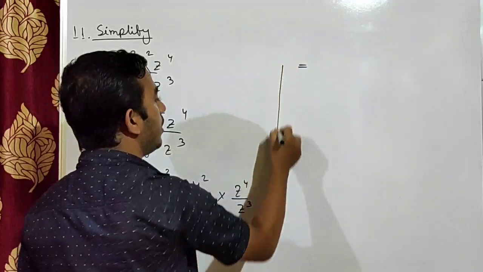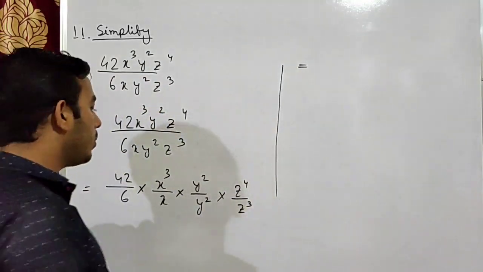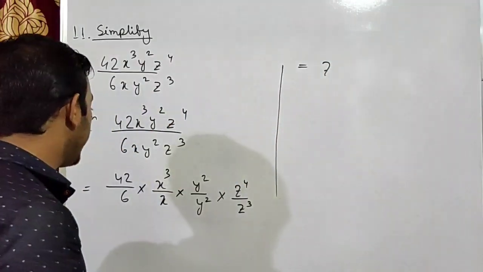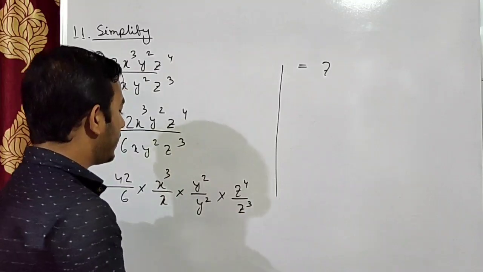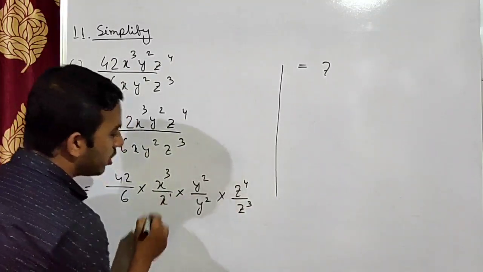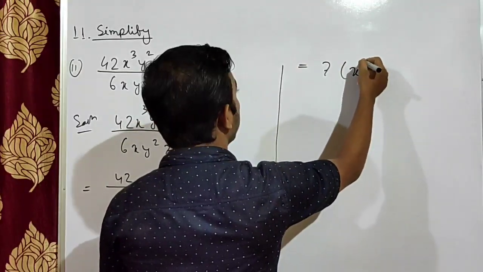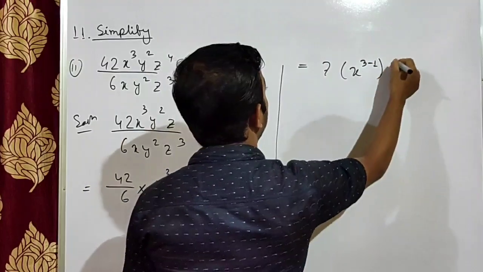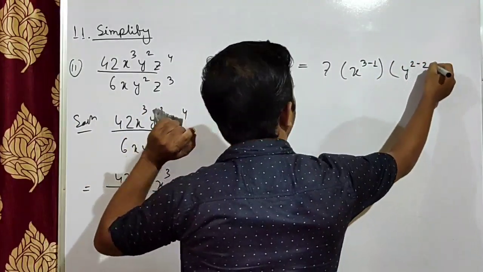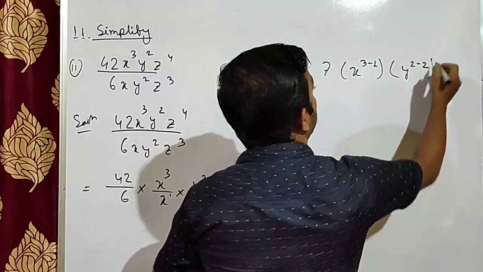Now 42 divided by 6 is 7, isn't it? Then into x to the power 3 divided by x means what? There we have 1, right? x to the power 1, so it will be x to the power 3 minus 1, then into y to the power 2 minus 2, then again z to the power 4 minus 3.